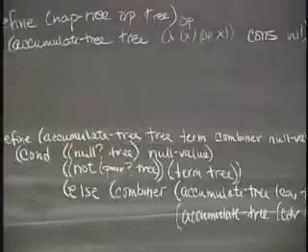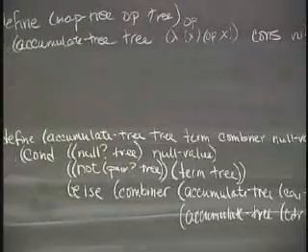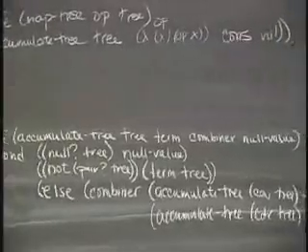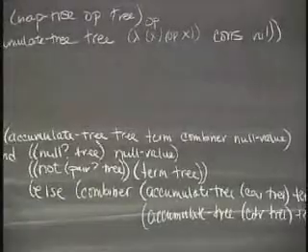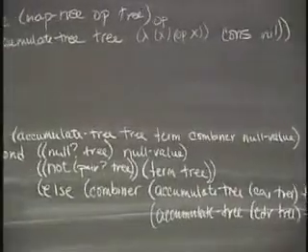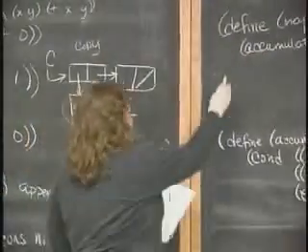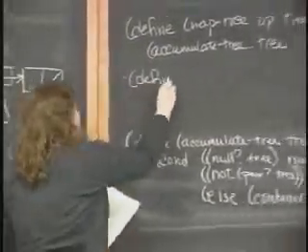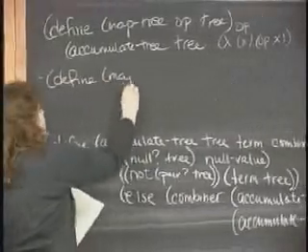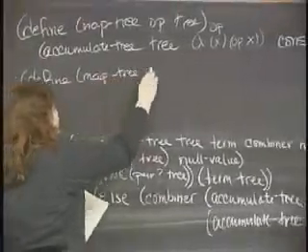Now we have map tree. If you'd like to see the alternative way to write map tree, you can look at your handout, the top of page 3. I could rewrite it here if you'd like. This is another way we could write map tree. Slightly less elegant.